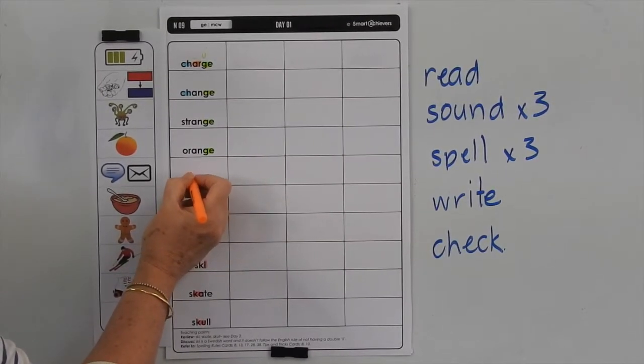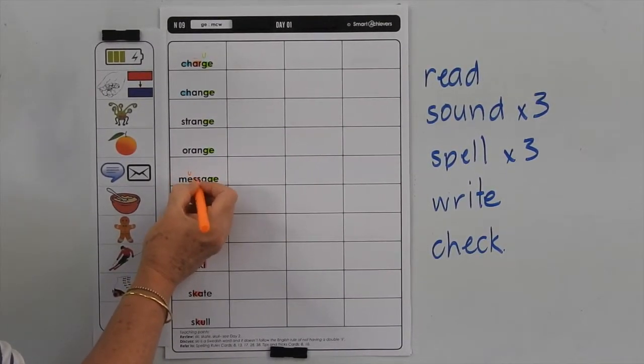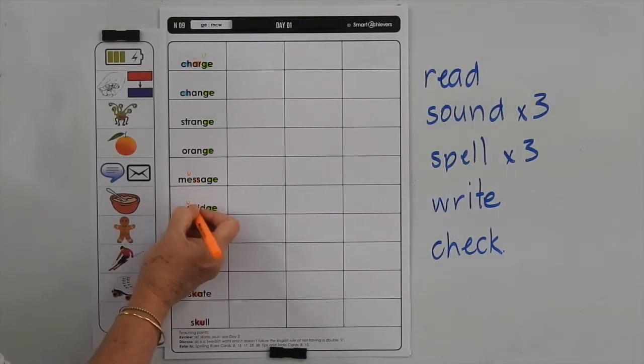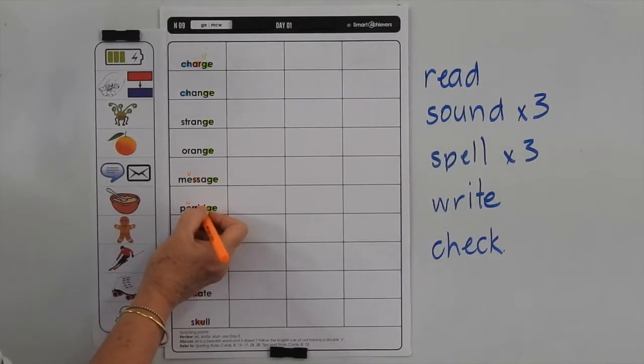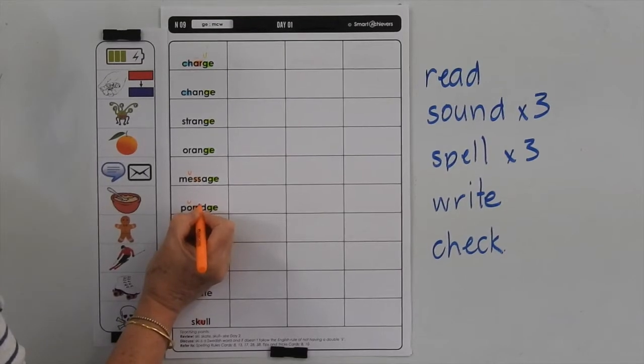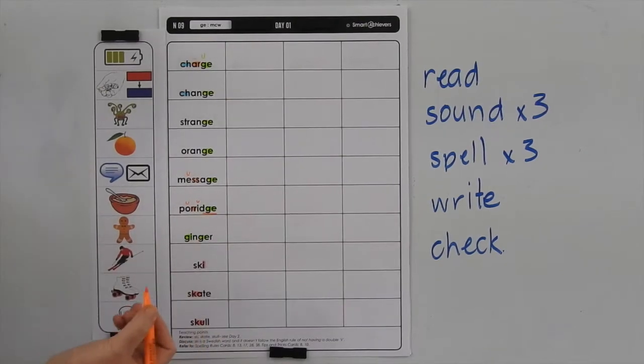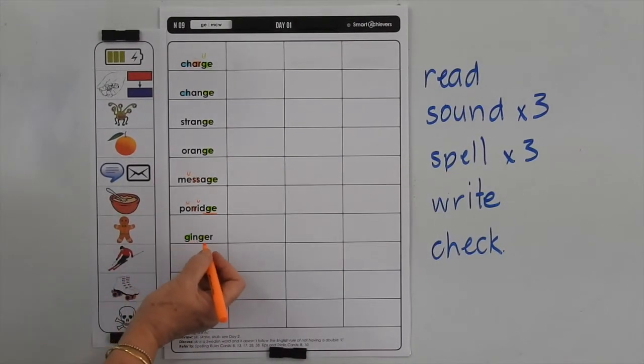Message, you've got a short vowel sound here, so you've got a double S after that. Porridge, you've got a short vowel sound here, so you've got a double R after that. Now you've also got a short sound, and you know after a short vowel sound we put DGE, as in bridge, etc. as well.